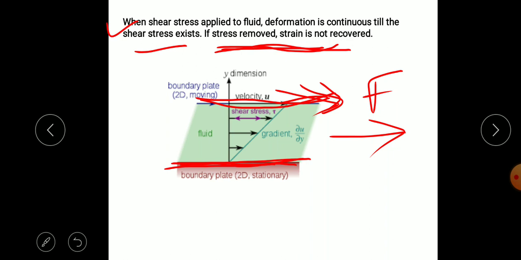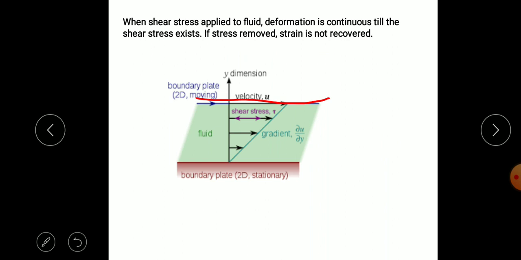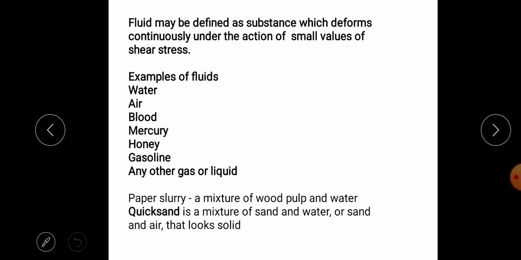That is the basic difference between solids and fluids. When a very small force is applied, there is continuous deformation of the fluid. So a fluid may be defined as a substance which deforms continuously under the action of small values of shear stress.